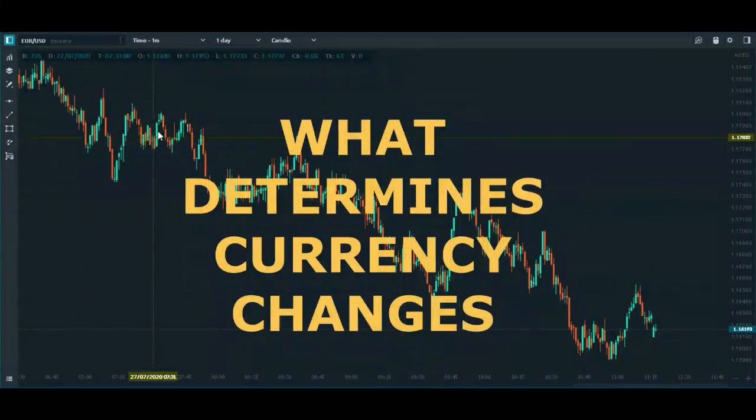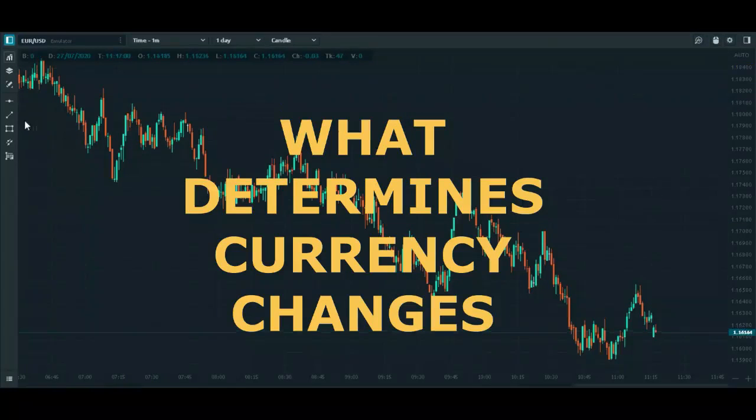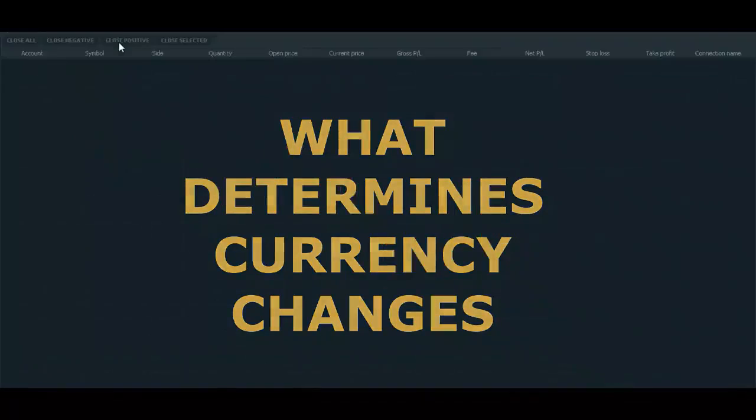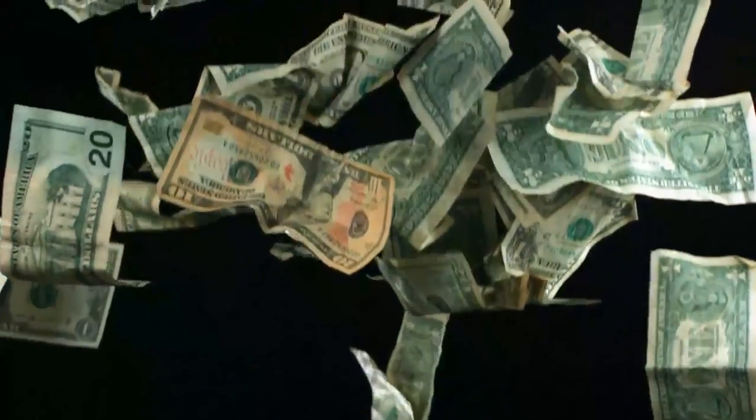You find that the currency of a country may depreciate or may appreciate, and this is in comparison with other major convertible currencies. For example, our currency in Zambia, the kwacha, we may want to compare it to the US dollar and how it's performing.